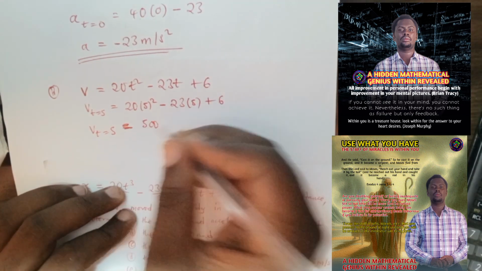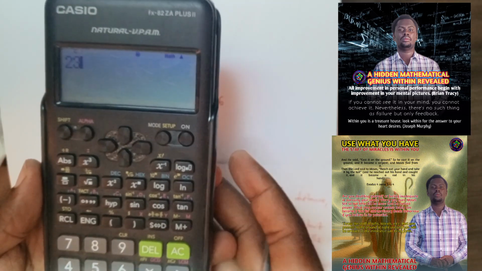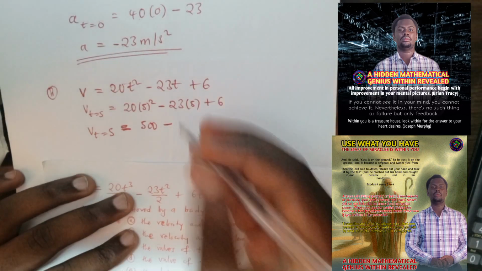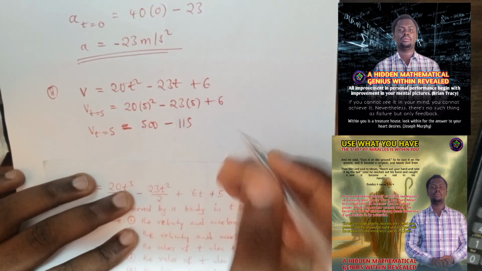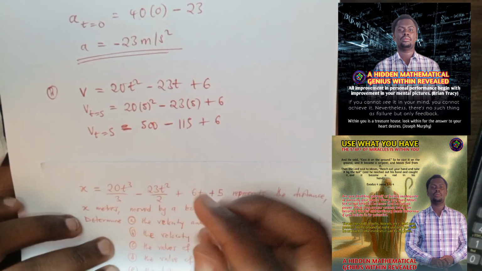So we have 500 minus 23 times 5. 23 times 5, you get 115. Then plus 6.